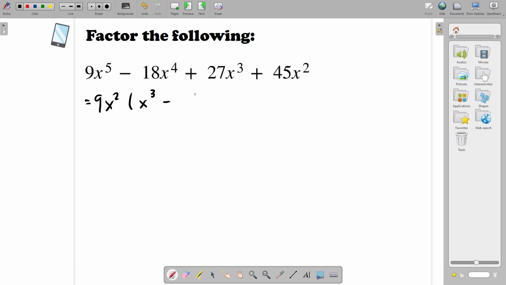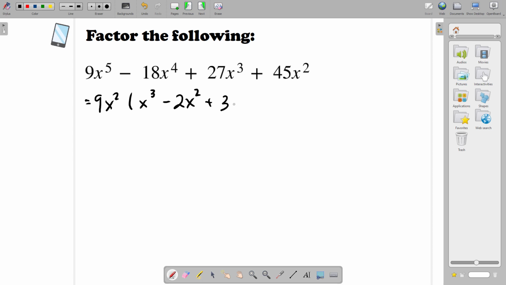Minus, now we divide 9 into 18, we get 2. Divide out x squared from x to the 4th, we're left with x squared. 9x squared times -2x squared is -18x to the 4th. Plus 3. 9 times 3 is 27.